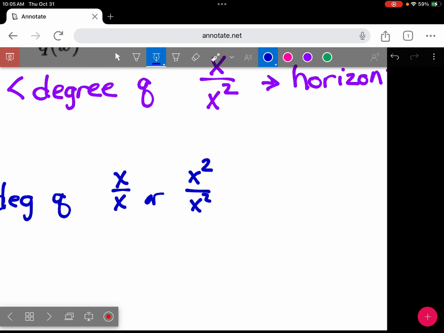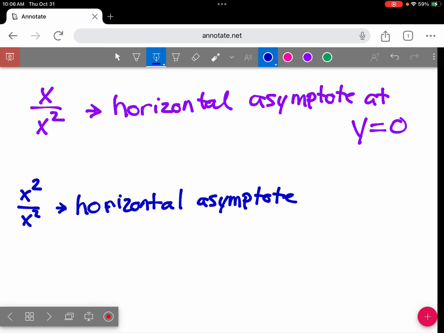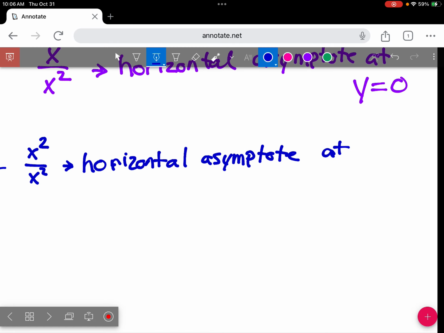We're going to have a horizontal asymptote, straight sideways, at the ratio of our leading coefficients. So I'm going to write this as y equals the leading coefficient of P over the leading coefficient of Q.